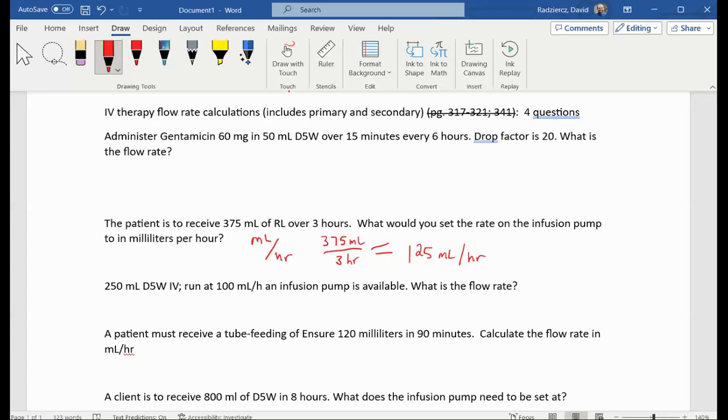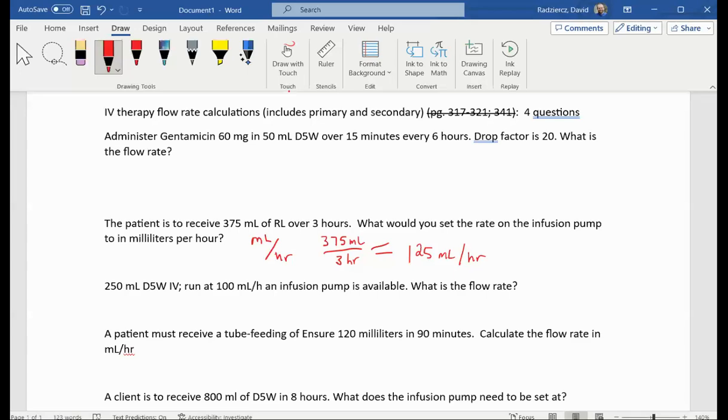Exactly. Because it doesn't tell you to. When you're calculating flow rate, it's kind of like your mileage on your car. If you're traveling 40 miles per hour, that's your rate. If I wanted to know how many miles you covered in a day, then we would want to incorporate 24 hours. But we don't care about per day. We just care about what it is set to right now.